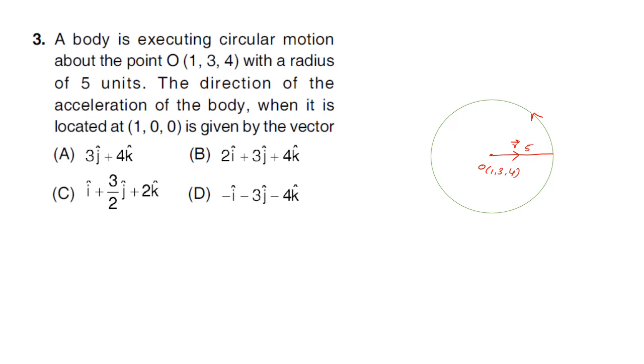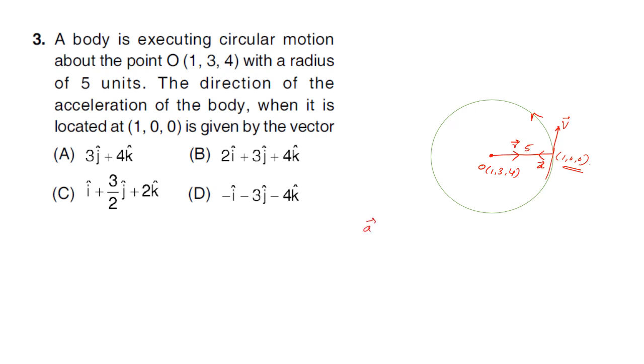Then we have to find acceleration of the body. So here, for circular motion, velocity is always acting as a tangent and acceleration is towards the center. Acceleration is towards the center, but it is opposite to the direction of position vector.